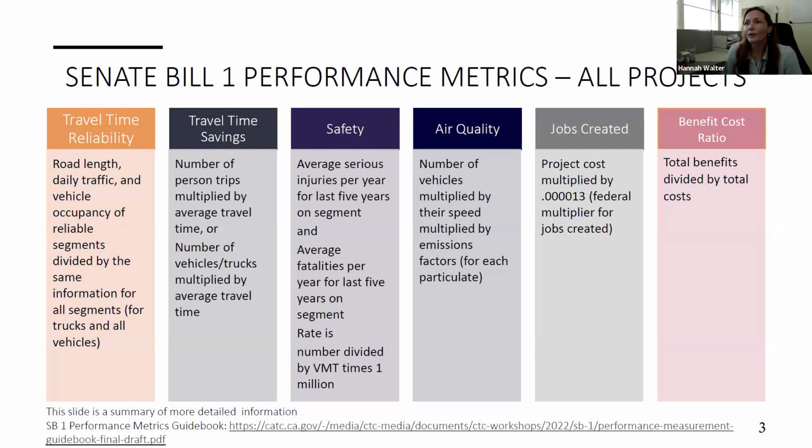And it's looking at how the project might prevent crashes. So it looks at the number of serious injuries and the number of fatalities, and then it looks at the rate of serious injuries and the rate of fatalities. So it's really just taking the same information and looking at it as a number and as a percent. But it's measuring how many accidents you think the project will reduce on that segment.